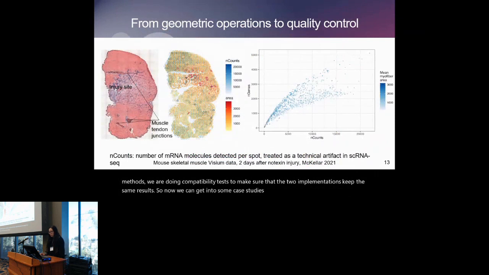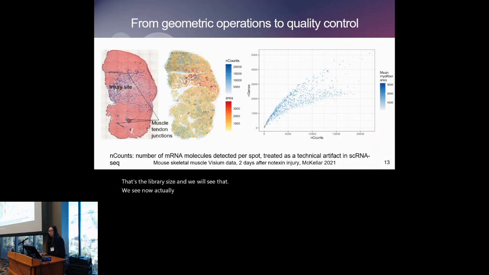The first one is even before spatial statistics. It's just based on geometric operations. It's from a mouse skeletal muscle data set from Visium, and here on Visium spots I plot the counts, which is the library size.